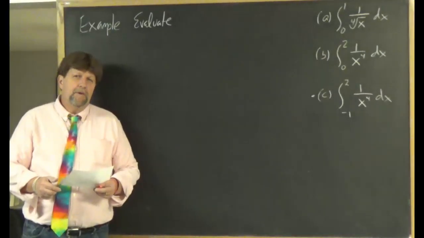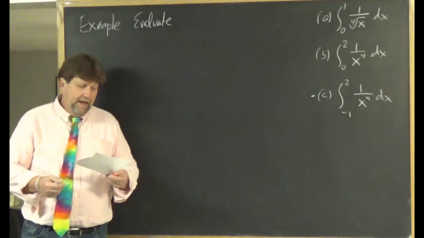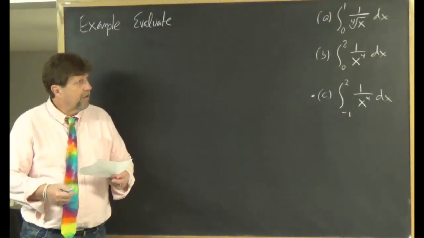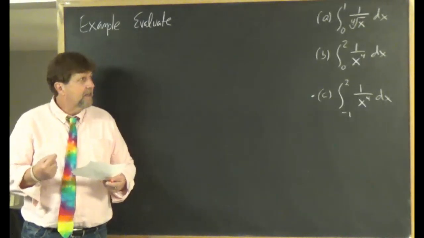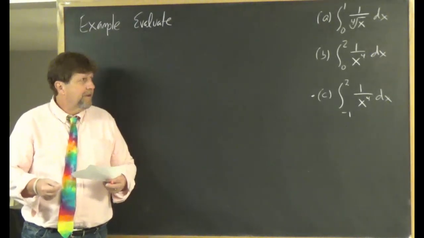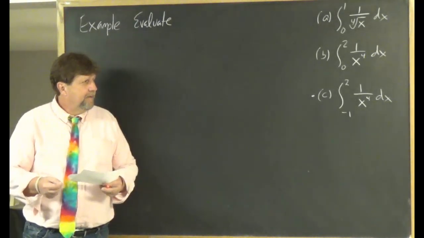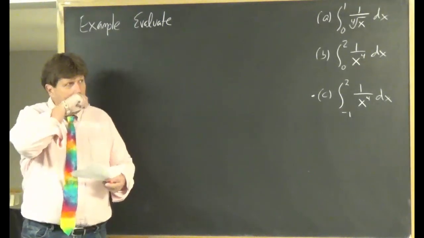All right, in this example there are 3 improper integrals that we're going to evaluate. In A, it's the integral from 0 to 1, 1 over the 4th root of x dx. B, 0 to 2, 1 over x to the 4th dx. And in C, it's the integral from negative 1 to 2, 1 over x to the 4th dx.